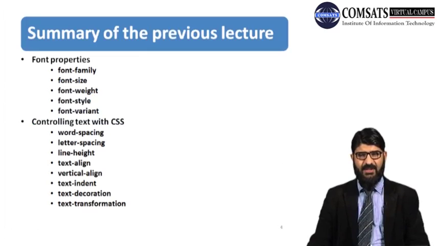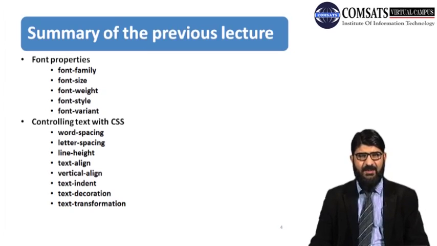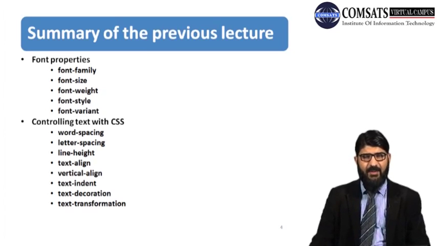In the previous lecture, that is lecture number 13, we discussed in detail different font properties. We have seen there are different attributes related to cascading style sheets, and one of the major elements is font with respect to text, and the following properties are associated with the font.